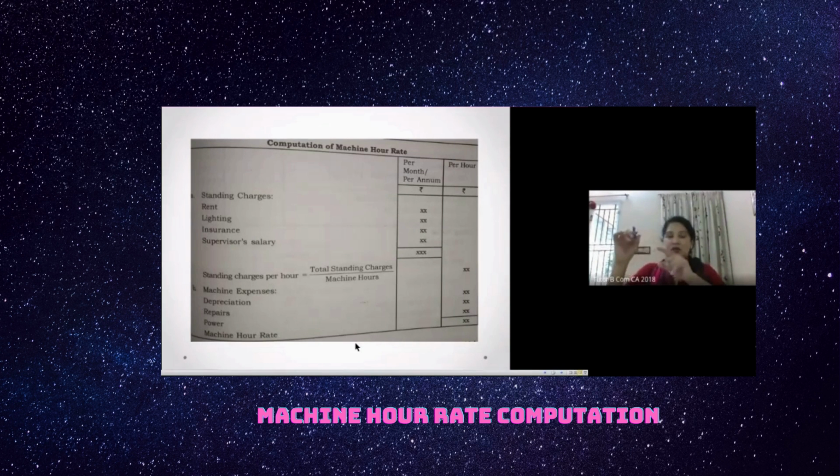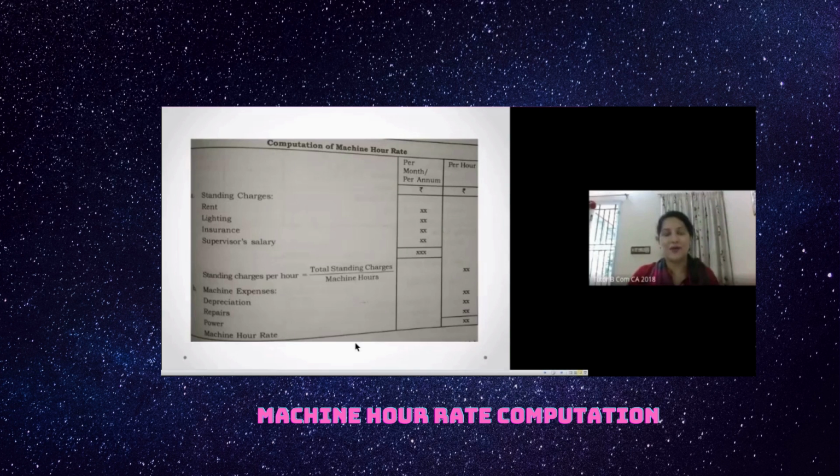Some factories require, like, a machine belt, as you will know if you have visited a factory, which is required for running these machines. All that will be related to machine expenses. The thing you have to remember is these expenses will be incurred only when the machine is functioning. That is just opposite to standing expenses. Standing expenses would be there in any case, whether the machine works or not.